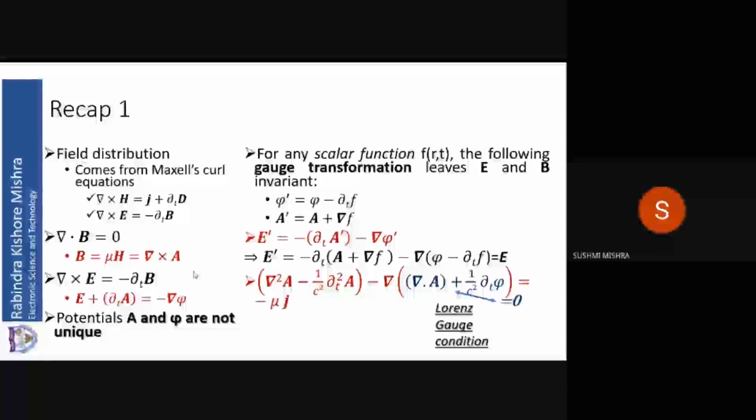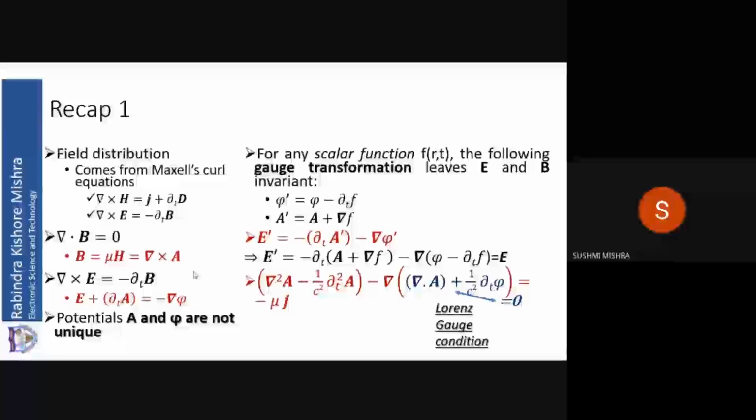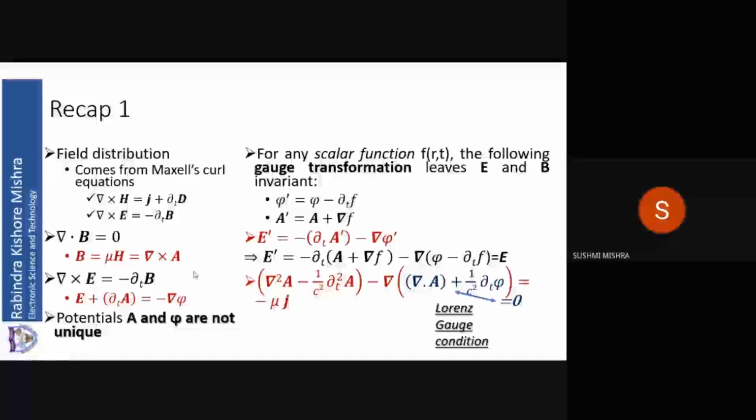Because of coupling, it is difficult to obtain the fields directly from these equations. Therefore, we started on a path of alternatives for finding the solution of fields instead of using Maxwell's equations.